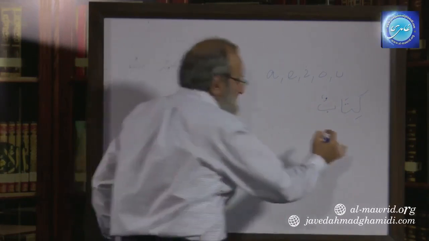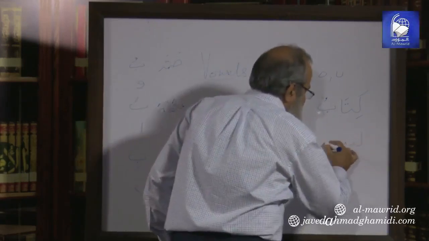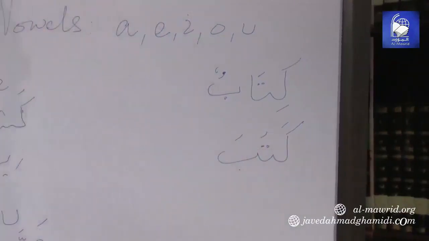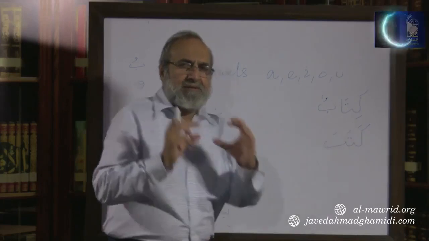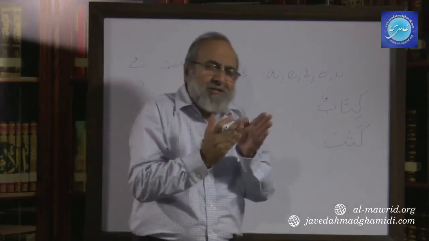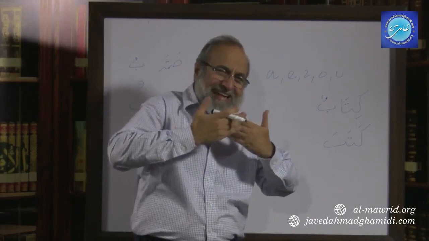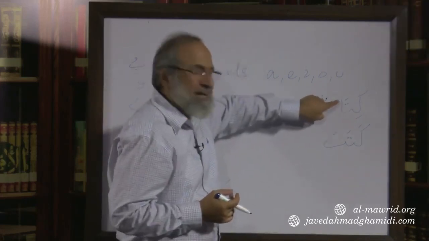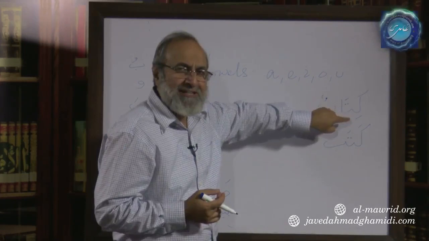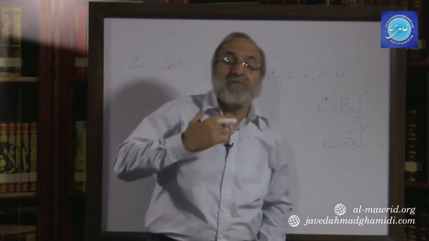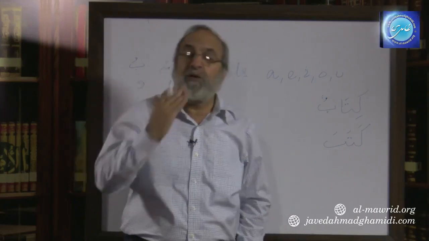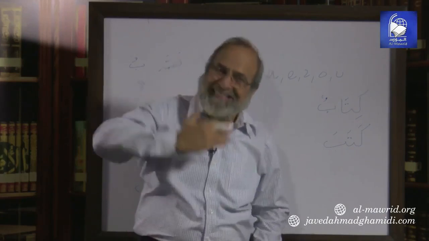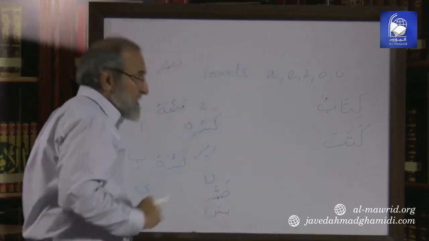This word we read was ka-ta-ba. Just try to see the length of all three, ka-ta-ba. But when an alif immediately follows fatha, the sound becomes twice as long. It's now kitab. It gets prolonged, extended. I hope you understand it.